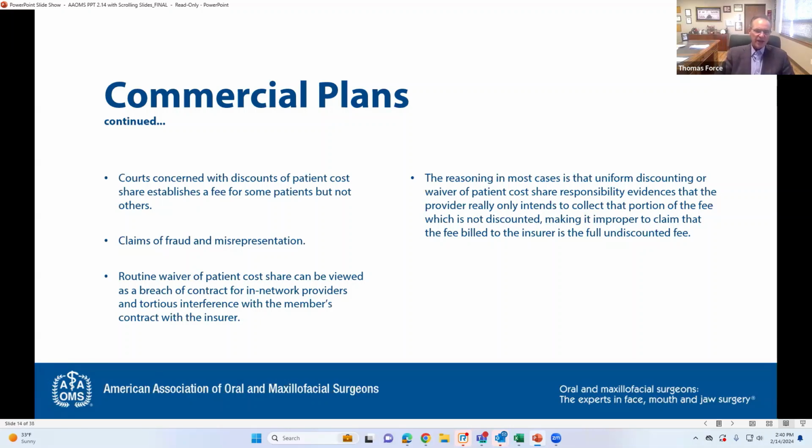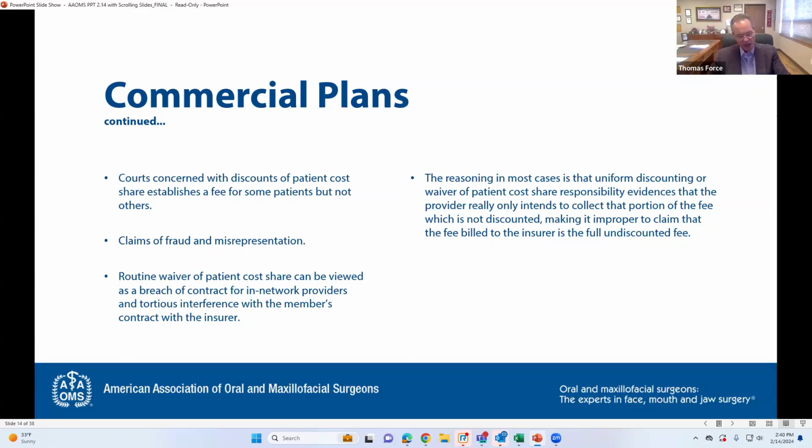Courts are concerned with discounts of patient cost share. The problem with discounts is that the courts and the insurance companies argue that you're billing the insurance for a charge that's not your real charge, because you've agreed to waive 20% of it.